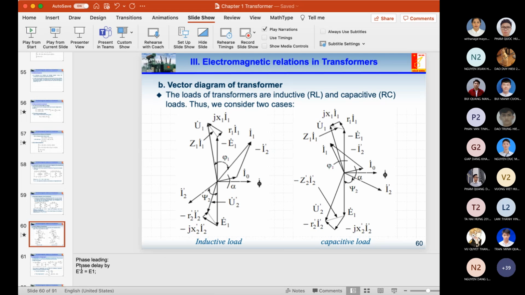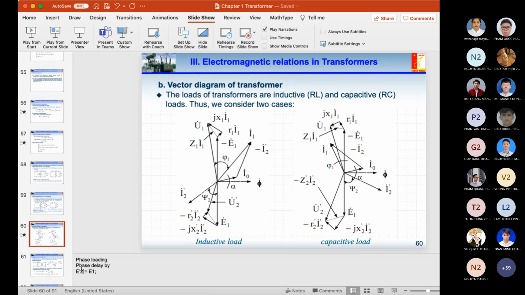Why is that? I would like to explain to all of you the meaning of the vector diagram of this transformer.